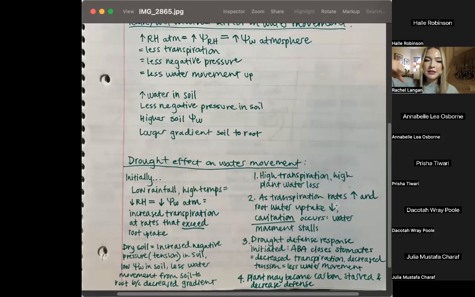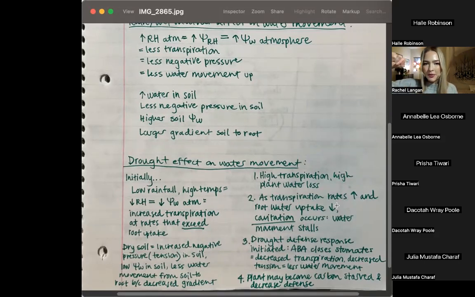And that causes cavitation. Cavitation is when that chain of little water molecules breaks. Somewhere in the xylem, instead of having a continuous chain of water, the water molecules broke apart. So we broke those cohesive hydrogen bonds.